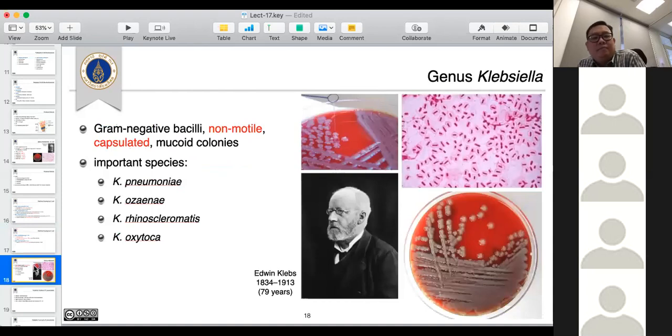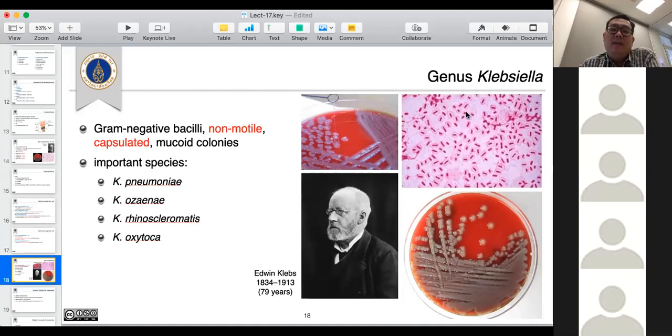The second one, we move to genus Klebsiella. Klebsiella can have a capsule and mucoid colony. When you see Klebsiella on blood agar, it looks mucoid, like mucus. When you touch the colony with a loop, it is very sticky.